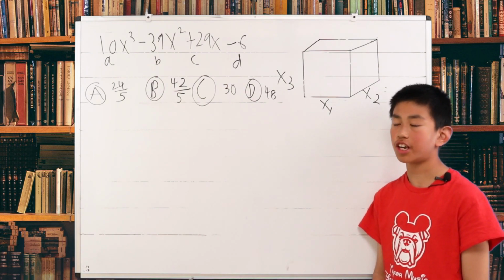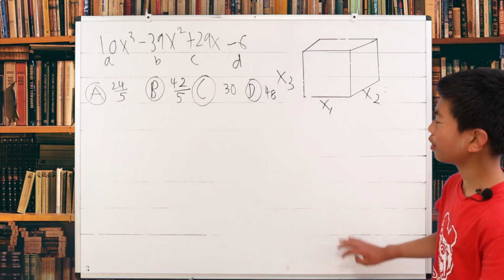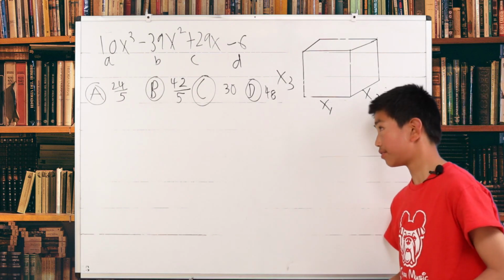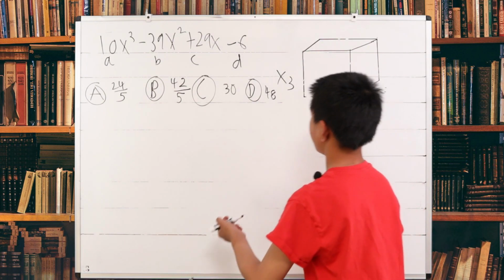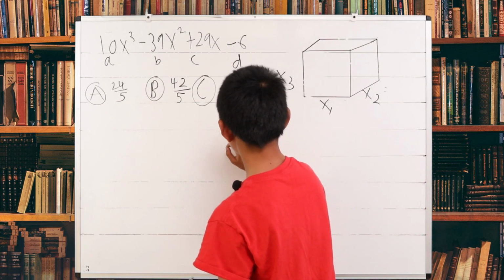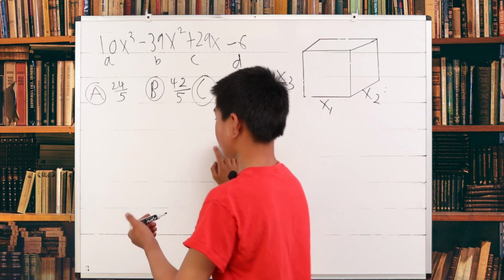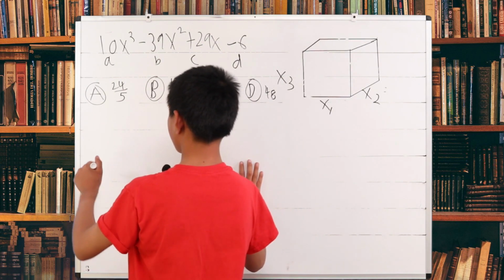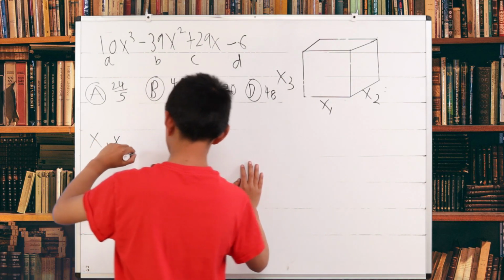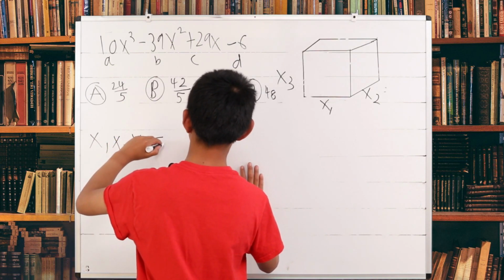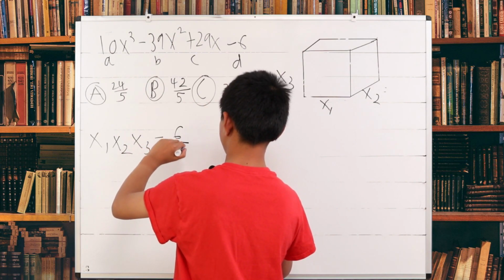There is actually a second way to do this, which is a lot faster because it is a way where you do it in a test, which saves time. So we have actually 4 answers in a multiple choice. This way is only used in multiple choice to, again, save time. So using Vieta's formulas, we know that x1 times x2 times x3 is equal to negative d over a, or 6 tenths.